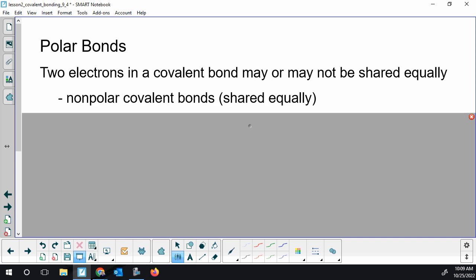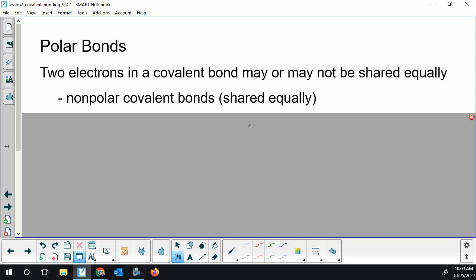First bullet is non-polar covalent bonding, equal sharing. I get $5, the other teacher gets $5. That's perfectly equal sharing. In chemistry speak, you evenly share the electrons. Non-polar, there's not a buildup of charge at one end. There's no poles.